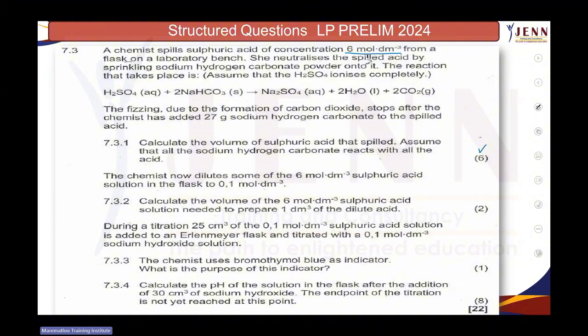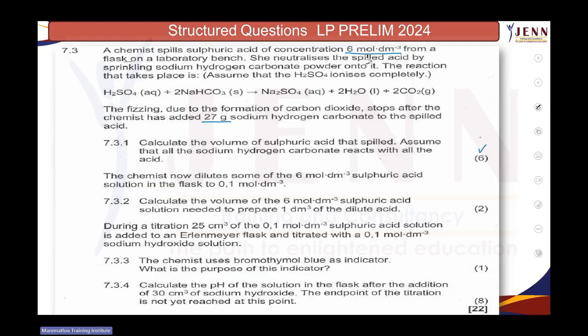So we only have concentration. However, for sodium hydrogen carbonate, we do have its mass. Now, we calculate its number of moles. Calculate sodium hydrogen carbonate's number of moles.